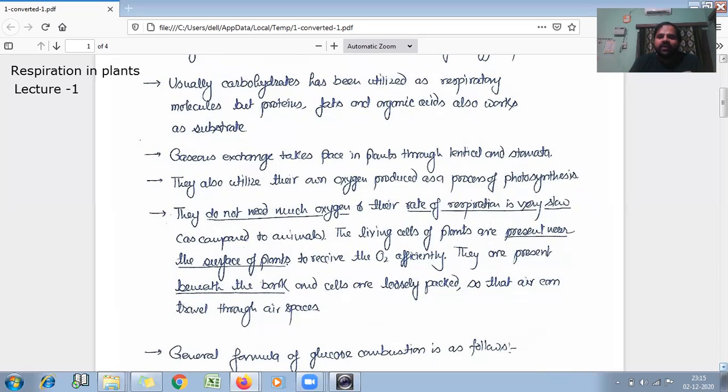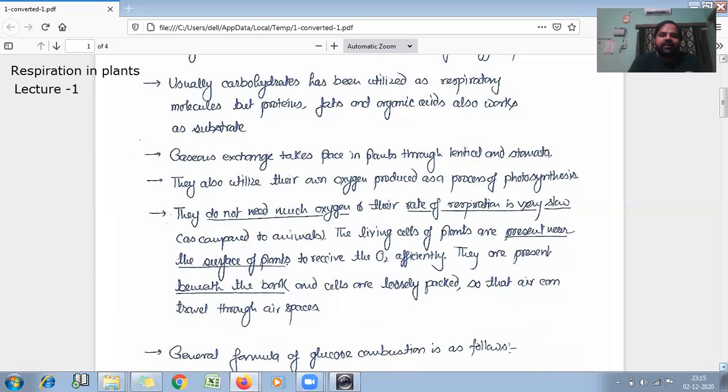Means most of the plant cells are dead, and some of the cells of the plants are present in the living condition. So those living cells of plants are present near the surface of the plant so as to receive the oxygen easily and efficiently.